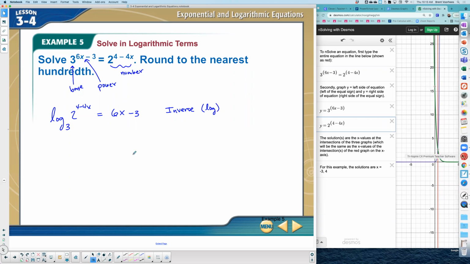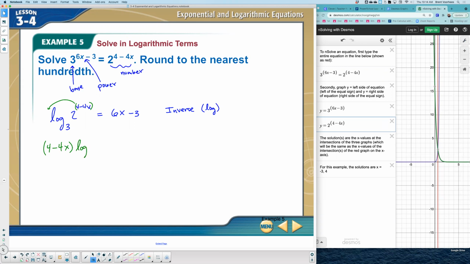And so from here, I'm going to do my properties. I see I have a power. So I'm going to move this power to the front, as a coefficient. And I need to put this in parentheses because it's got to multiply with this log. So I'm going to say 4 minus 4x times log base 3 of 2 will equal 6x minus 3. That's the power property. And now I could distribute and solve.